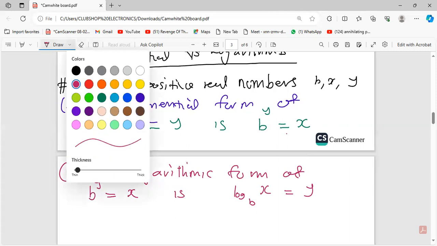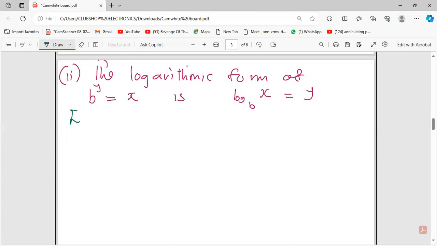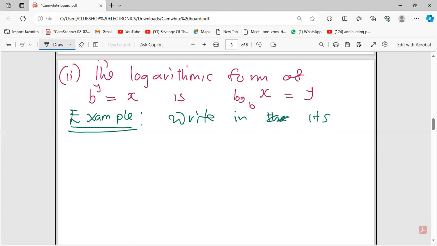Okay, let's look at some examples. I will say in each one, number one, write in log form, logarithmic form.